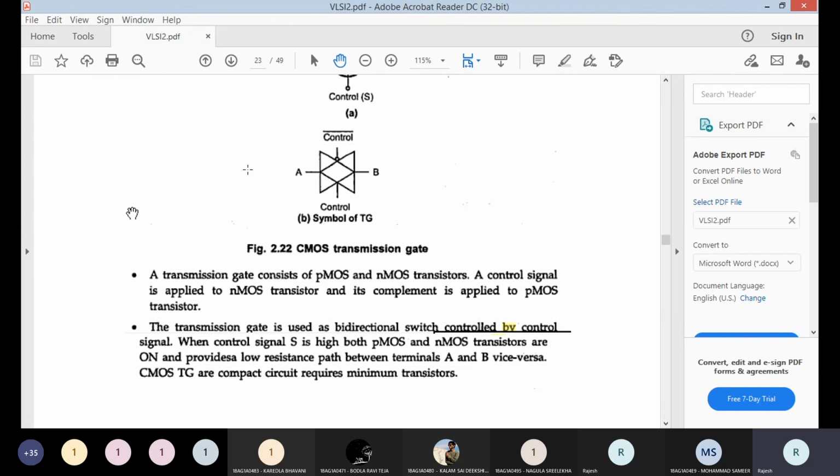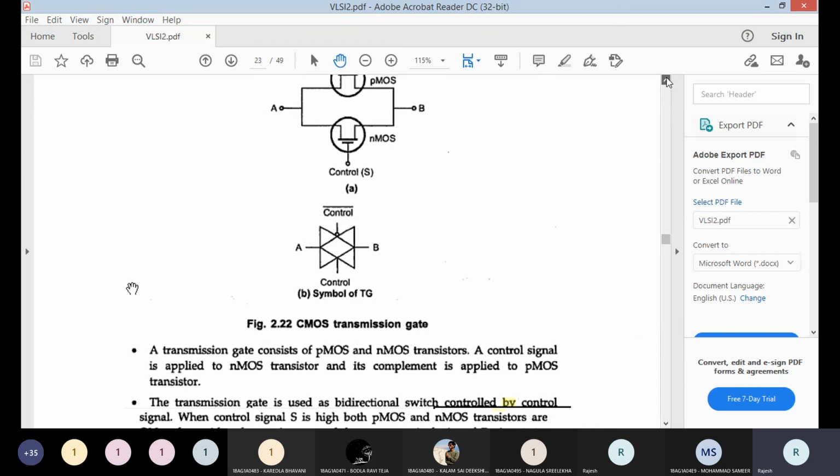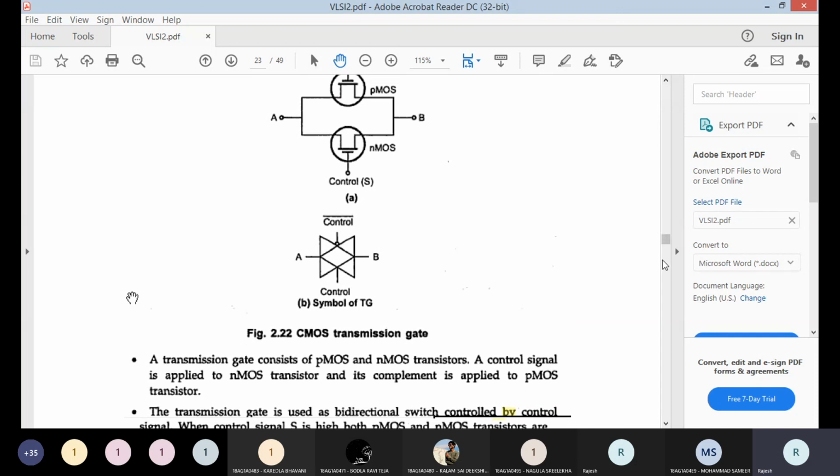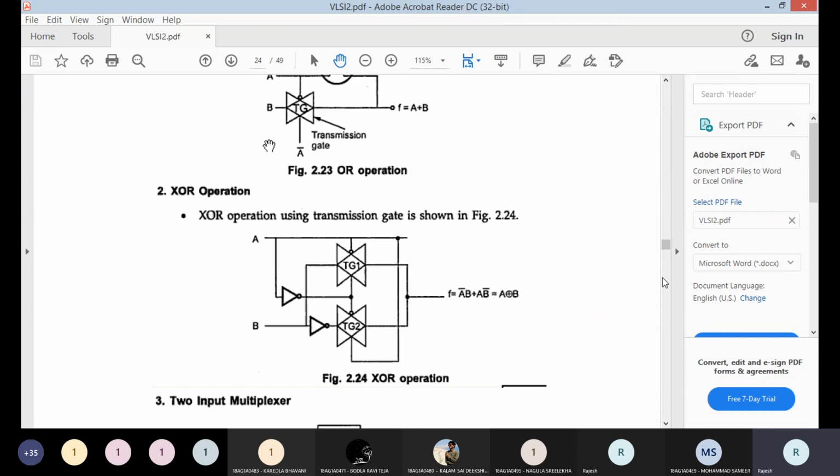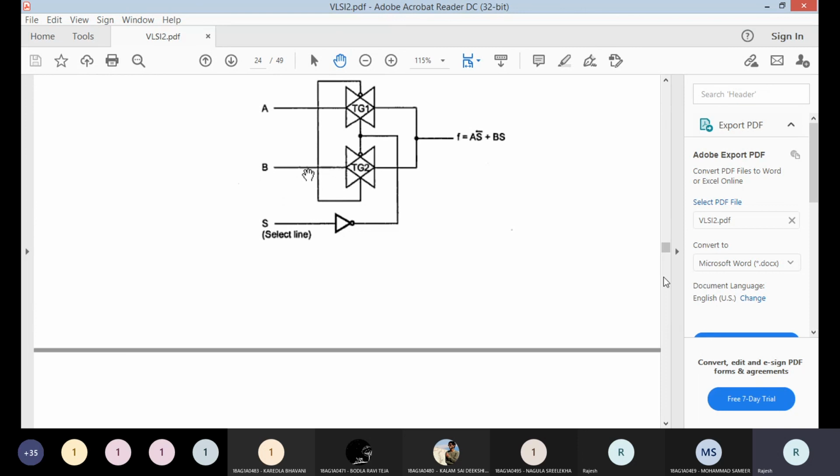You apply logic 1: if NMOS devices are poor, PMOS devices are good in transmission of 1, so you get logic 1 at the output. So by combining both NMOS and PMOS as a bidirectional switch or transmission gate, your logic levels are retained. This is used as switch logic.